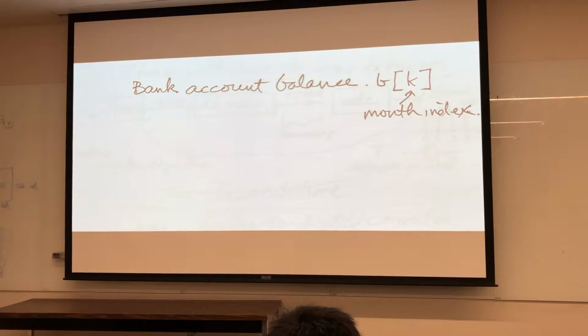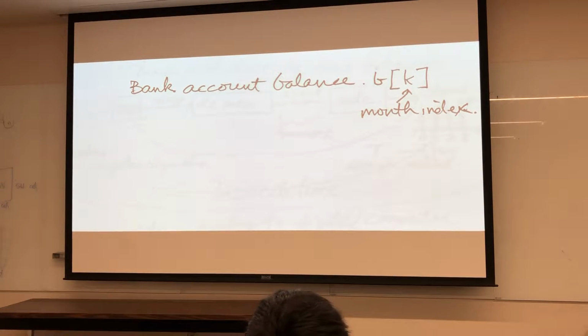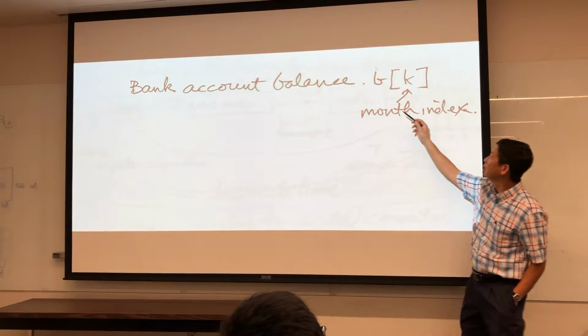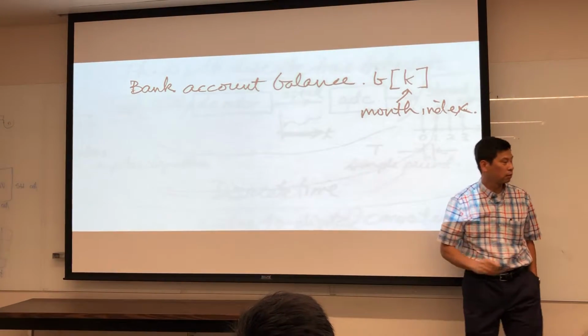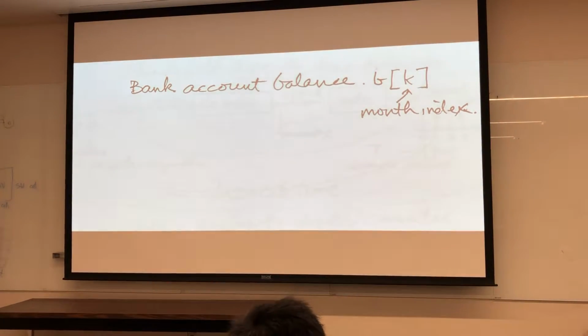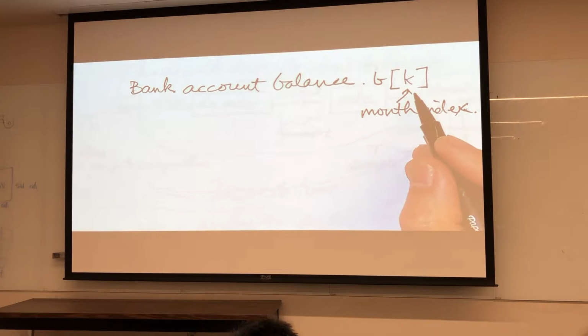I'm going to denote things that are in discrete time, or distinguish them from continuous time, by using square brackets instead of parentheses. I'm going to use the letter K instead of the letter T.